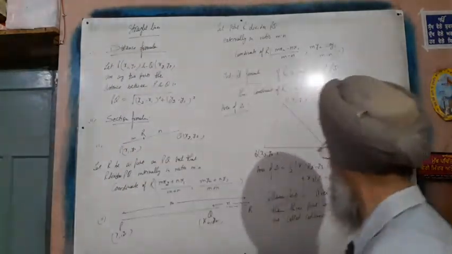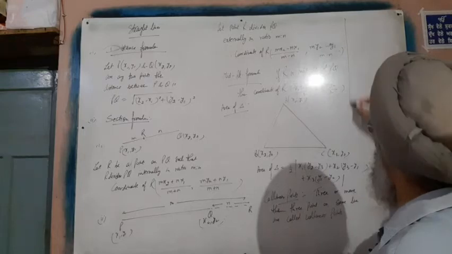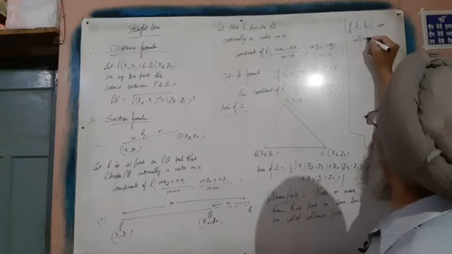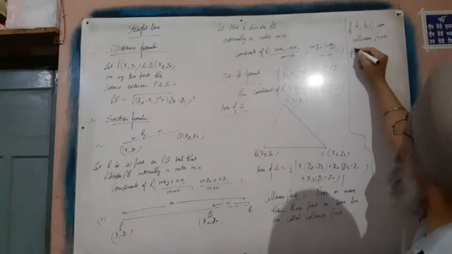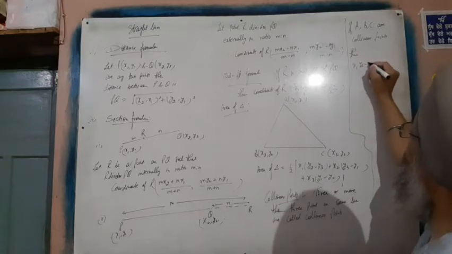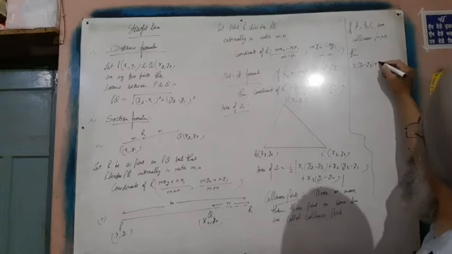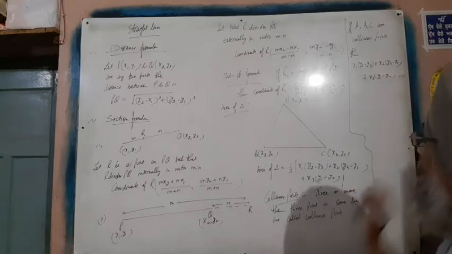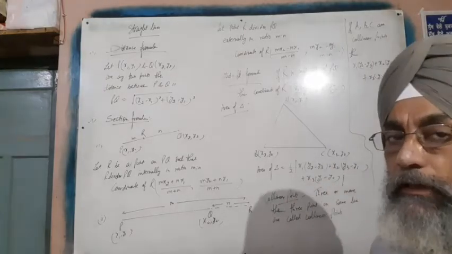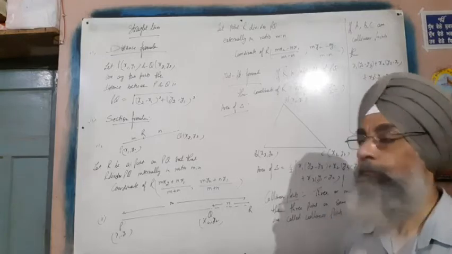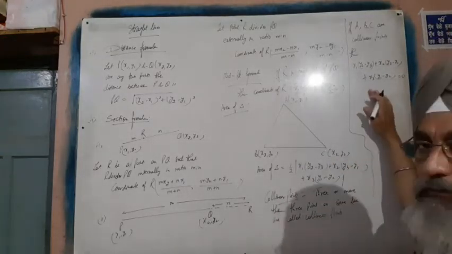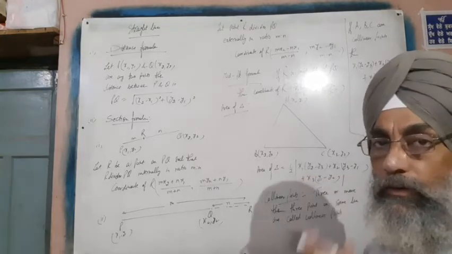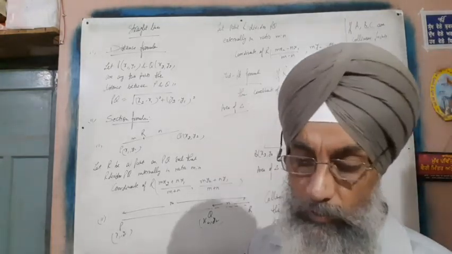So I write here, if A, B, C are collinear points, then x1 (y2 minus y3) plus x2 (y3 minus y1) plus x3 (y1 minus y2) is equal to 0.